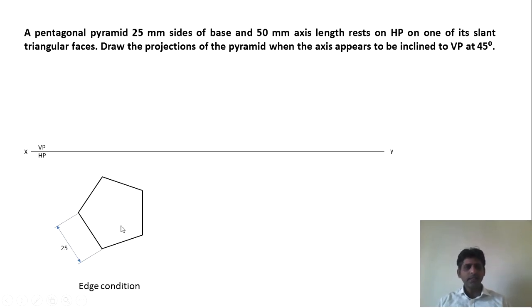And the center of the pentagon has to be obtained by bisecting the two sides. One more way to obtain the center is to join the corner to the opposite midpoint. For example, corner A has to be joined to the midpoint of the opposite edge, which is CD, and you can join the corner B with the midpoint of its opposite edge.